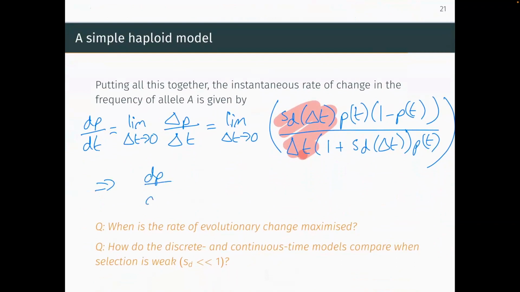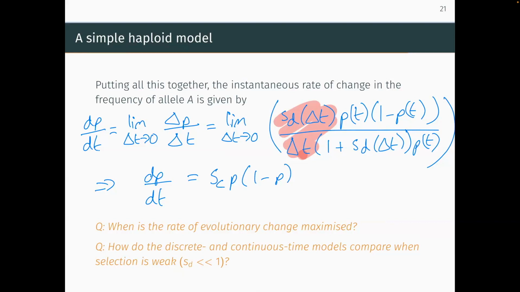That means dp/dt is just going to equal S_C times p times 1 minus p on the top. We can drop the t's here because we're working with a differential equation now. We know that p is time dependent, so we don't have to write p of t everywhere. You can if you really want to.